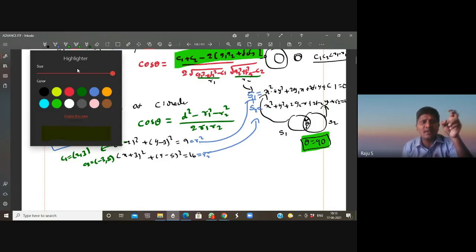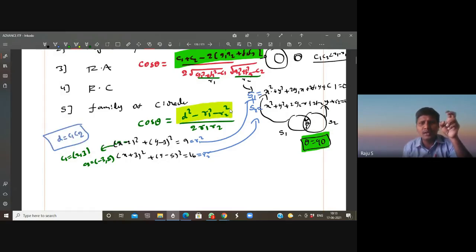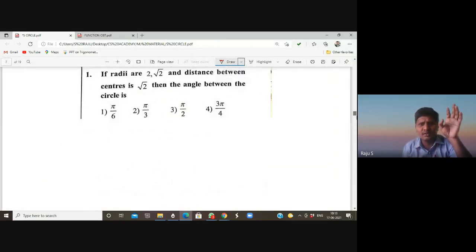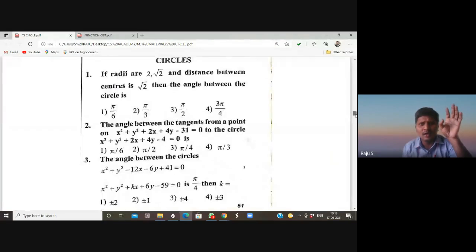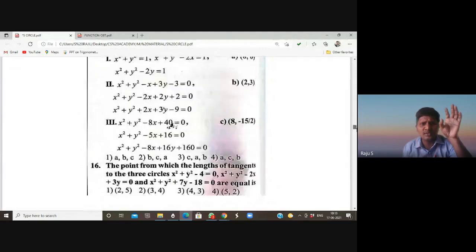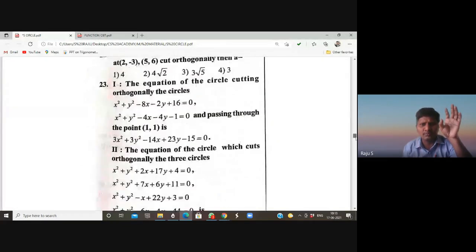In the same way, for the second formula also, the same numerator is just equated to 0. That is the orthogonal condition. Very, very important, this orthogonal, because if you see in this exercise, almost most of the questions belong to orthogonal.